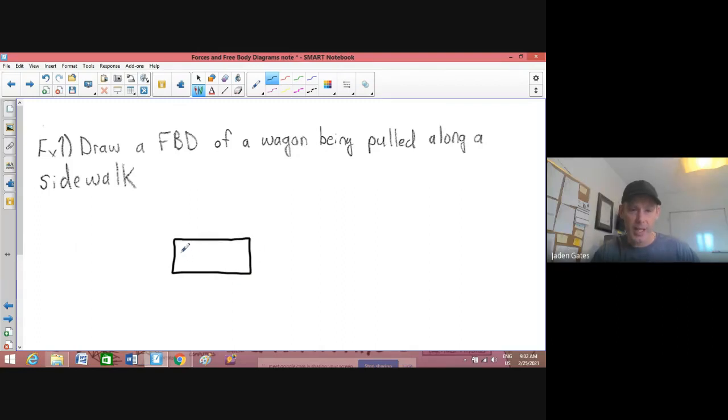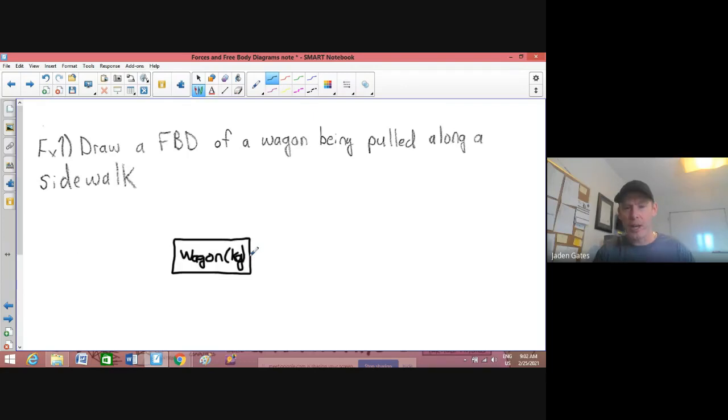So that's really easy. Now usually I put in the weight or the mass of an object in the middle here, but I don't know the wagon. I should have maybe said it's 10 kilograms or something, but there's our wagon anyways.